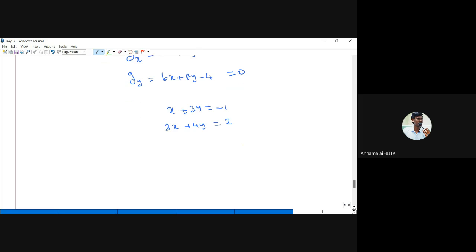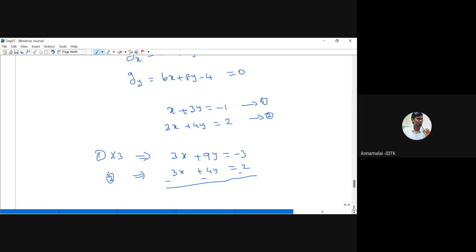Call these equation 1 and equation 2. Suppose I am going to eliminate x. Multiply the first equation by 3, so we get 3x + 9y = −3. Keep the second equation, 3x + 4y = 2. Now just subtract these.